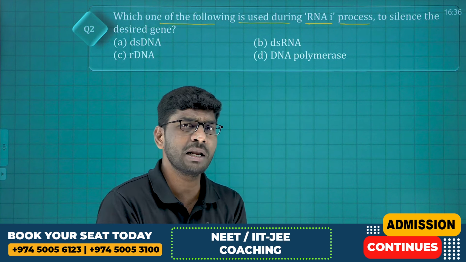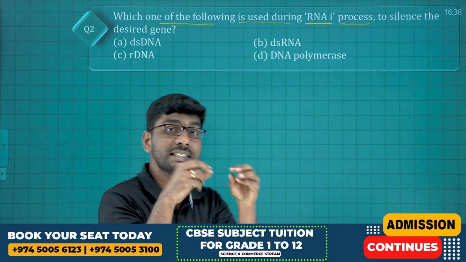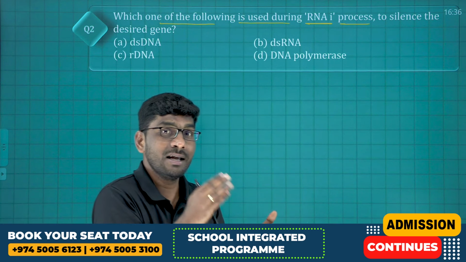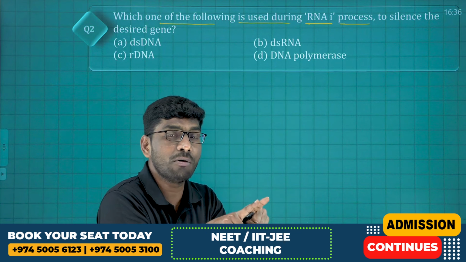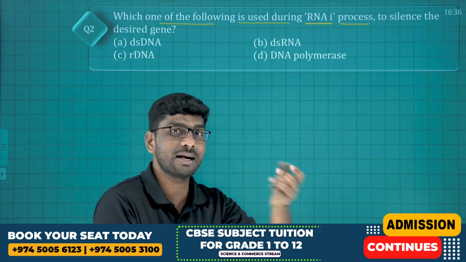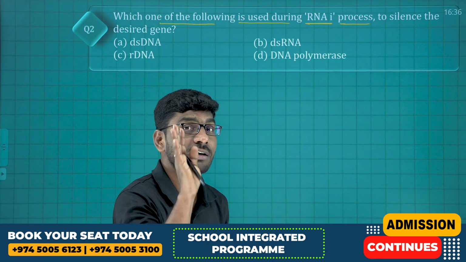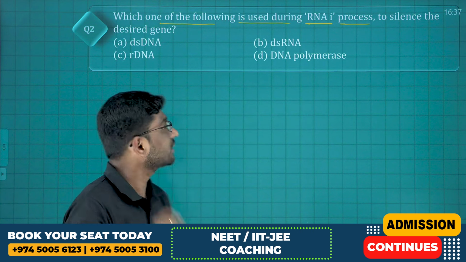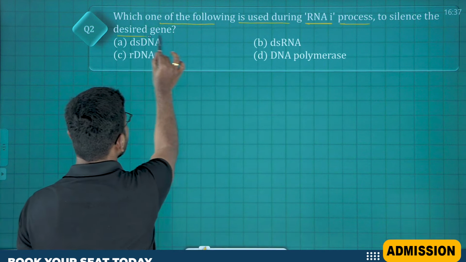To protect from this Meloidogyne incognita, its gene is inserted in the tobacco plant, so that inside the tobacco plant sense and antisense RNAs are formed, and both RNAs are complementary and fuse to form what? dsRNA, double-stranded RNA, and that's how we are silencing the mRNA of Meloidogyne incognita. It is a gene silencing mechanism we discussed.